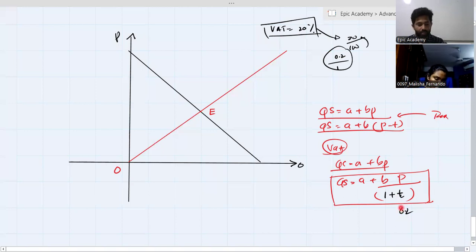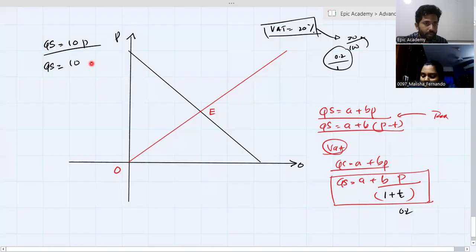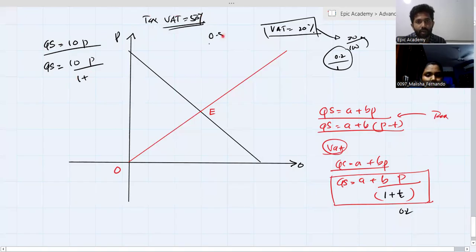Okay, as an example, just consider this equation: QS equals 10P. There's no value for A. So then QS equals 10P divided by 1 plus tax. The value added tax, VAT, is 50%. 50% means 0.5.